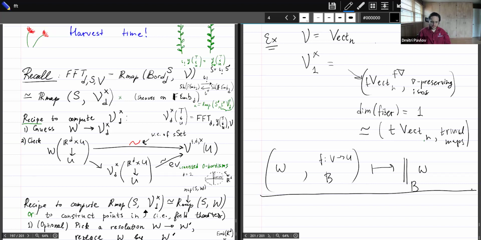Okay, so this takes care of the first part of the recipe, and I guess now we have a question, which is, do we want to continue today? Because there almost certainly will be no lecture.